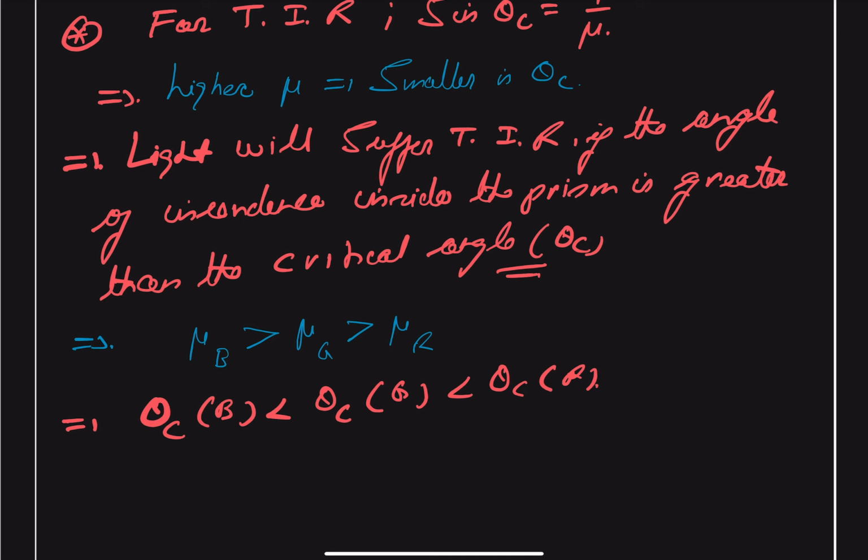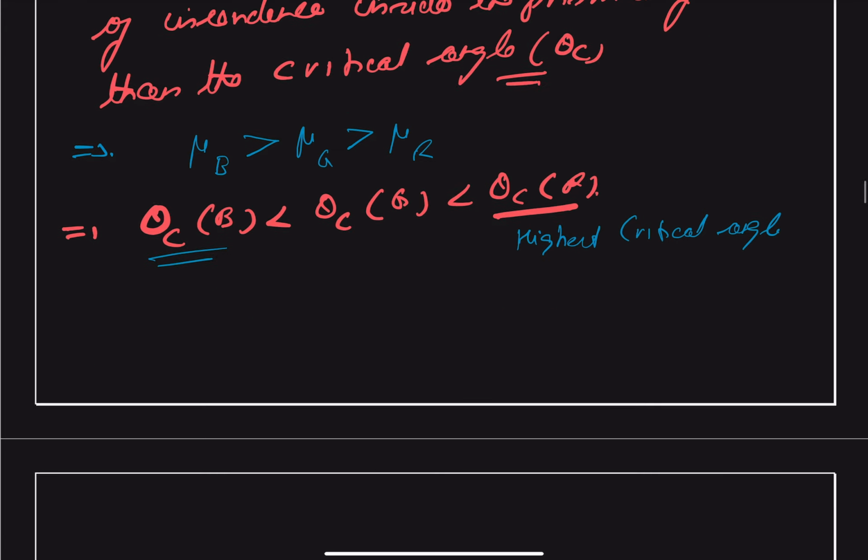So it means red is having the highest critical angle, and blue is having the smallest one.